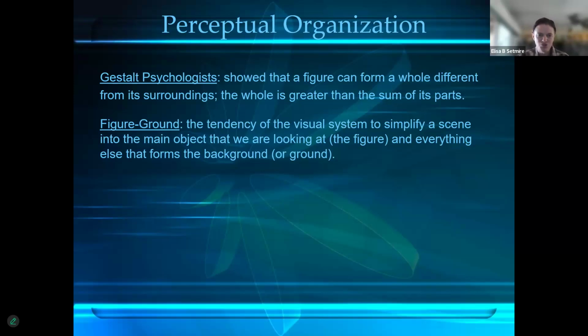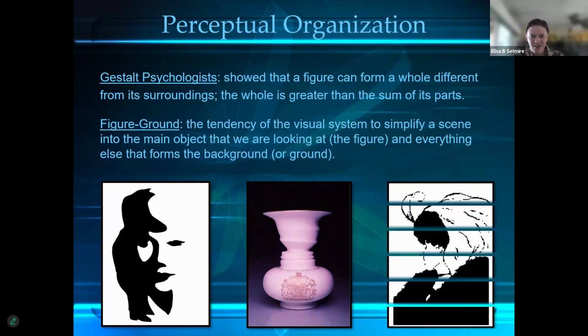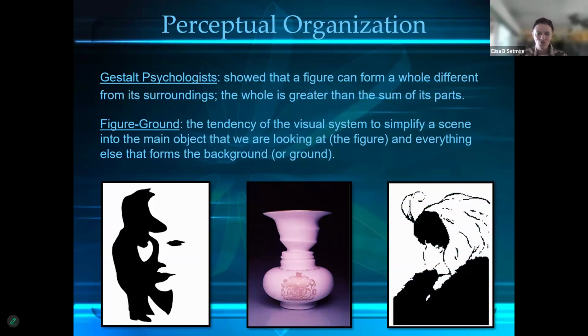What we see here is an interesting phenomenon called figure-ground. Our visual system has a tendency to simplify a scene into the main object that we're looking at, the figure, and then everything else in the background, which we call the ground. We get images like these, and you're going to be drawn to one or the other right off the bat.